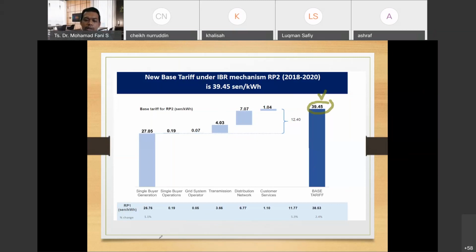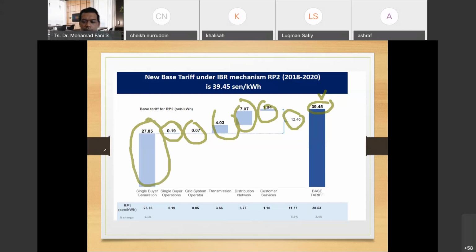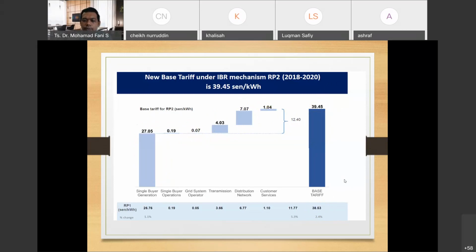This base tariff has increased because of the single buyer operation, GSO, transmission, distribution, and the customer service. So the increment is from 38.53 to 39.545 for the RP2.